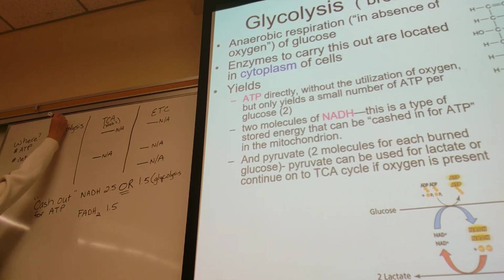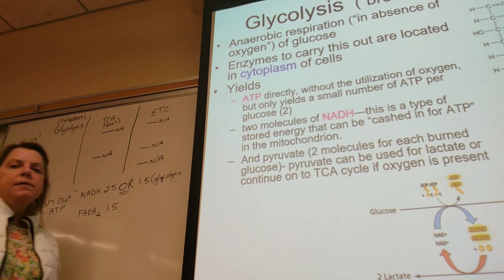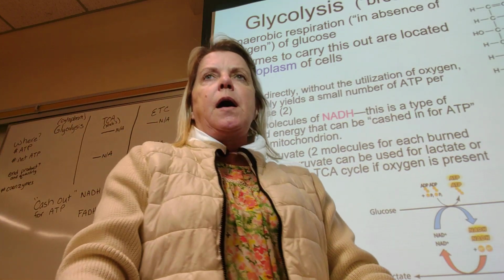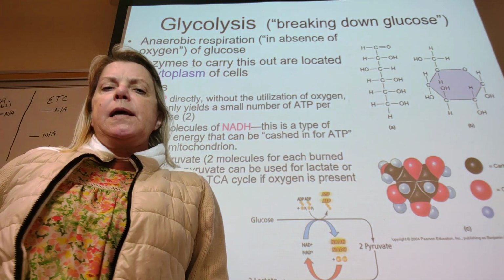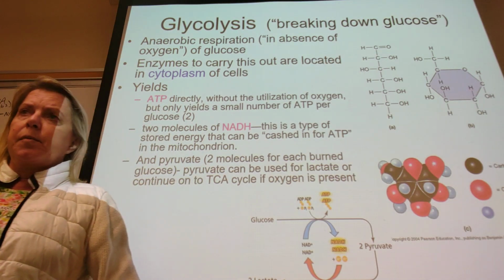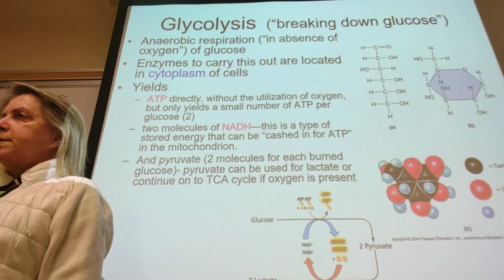Glycolysis is going to be in the cytoplasm. And because it's in the cytoplasm and does not directly involve going into the mitochondria, we say that this is an anaerobic process. You don't need oxygen for this process to occur.